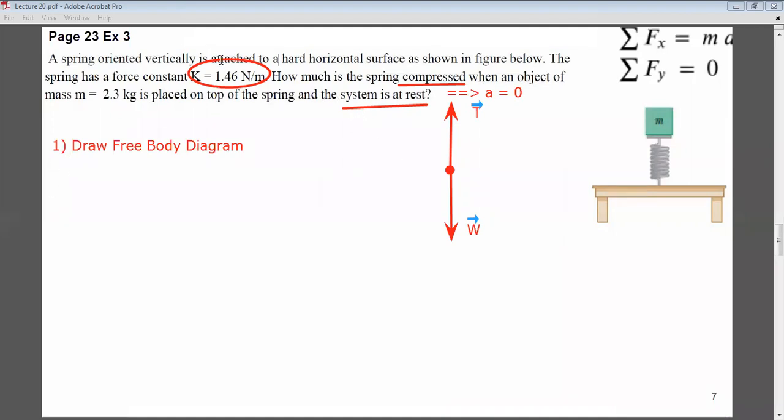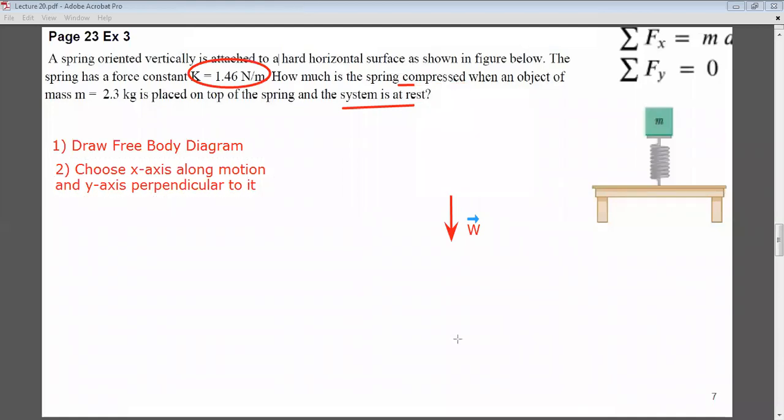Then the next step, always, is to choose the x-axis along motion and the y-axis perpendicular to it. So I come and I draw my x-axis, in a different color. This is the x-axis.